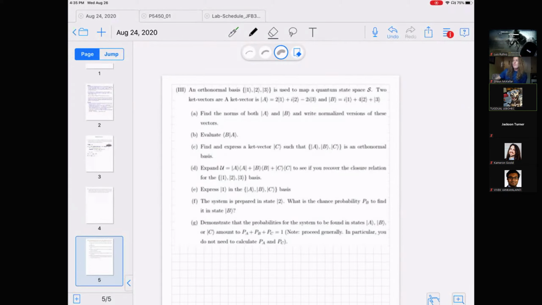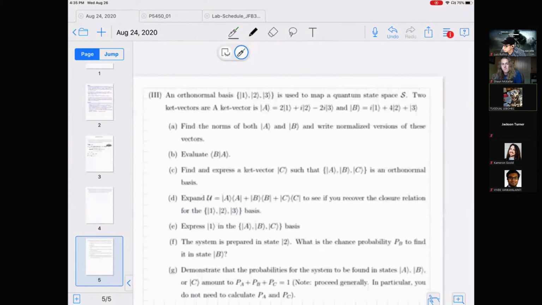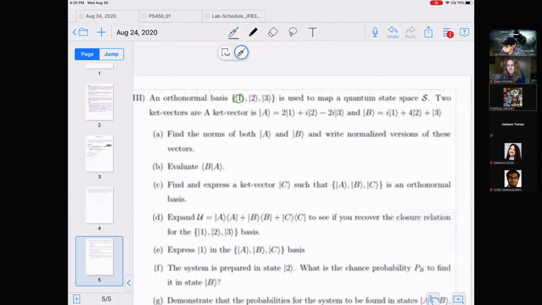Here we are told about a three-dimensional quantum space for which we are given a basis of 3 vectors, 1, 2, and 3, given in the form of 3 kets.